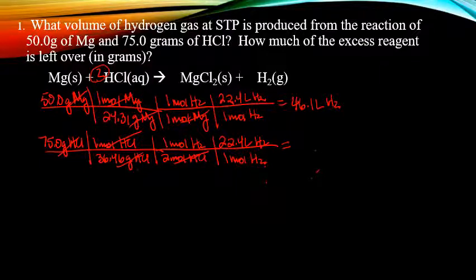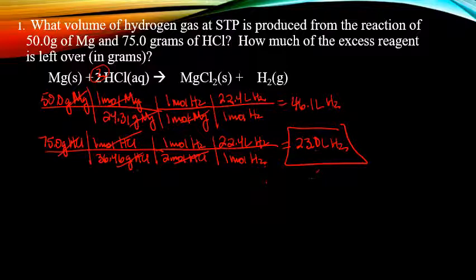So in this particular instance, when I plug my values in, I end up with 23.1 liters of H2 gas. I guess it would be 23.0 in this case. So my final answer would be the smaller of the two amounts, 23.0 liters.